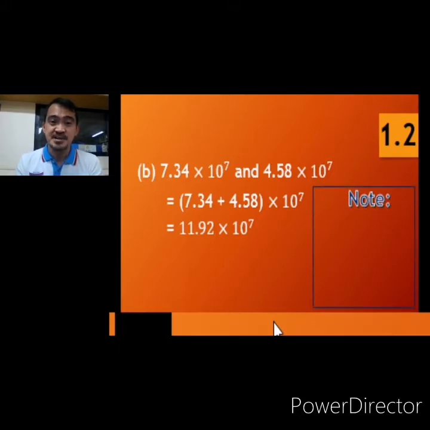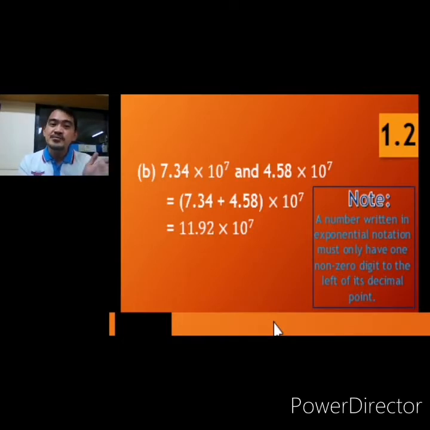So therefore, let's have this note. Keep this in your mind: a number written in exponential notation must have only one non-zero digit to the left of its decimal point. So therefore, we will move our decimal point one place to the left. Moving your decimal point one place to the left is the same thing as dividing 11.92 by 10.